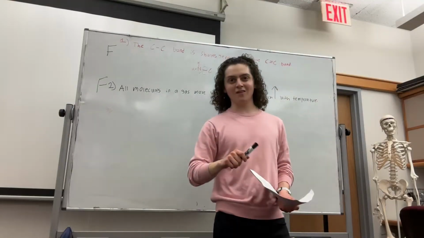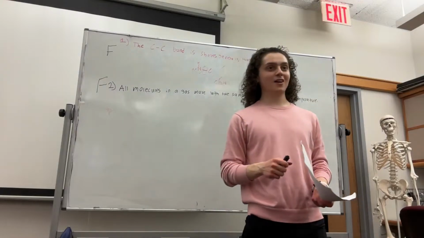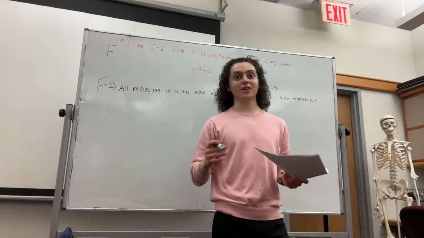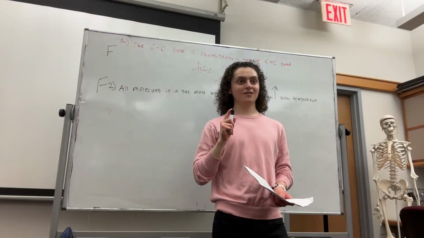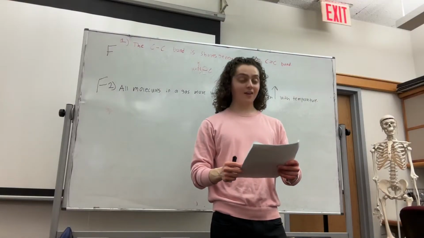It's going to behave the same way as nitrogen, the same way as methane. And so from that, we could remember that the identity of the gas doesn't matter. Okay, so that's one of the assumptions.